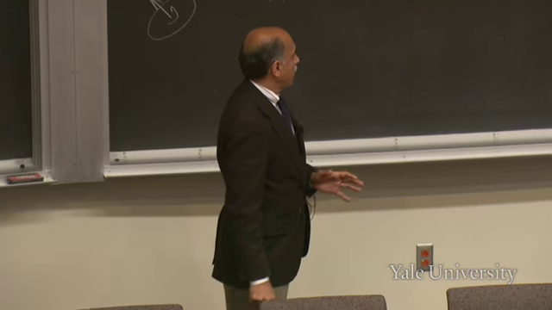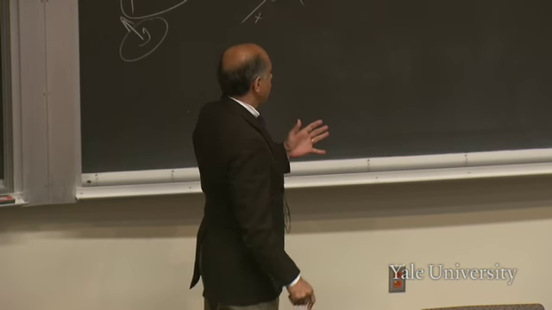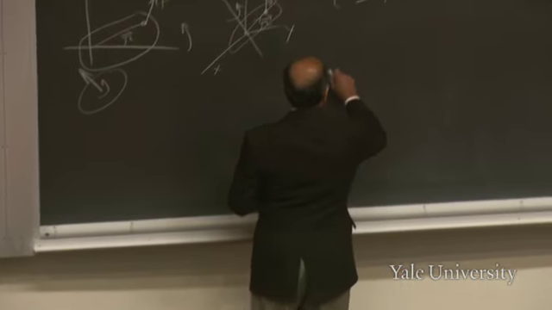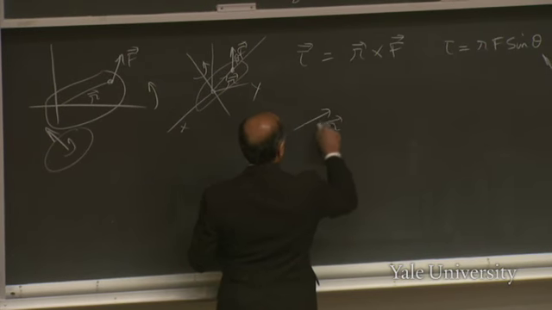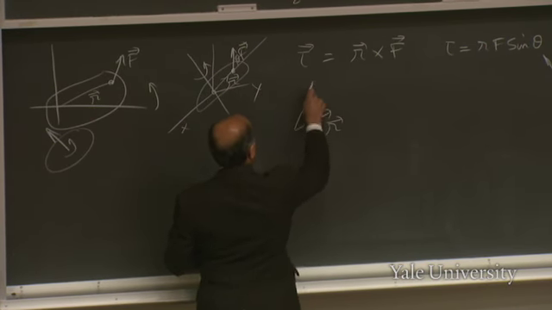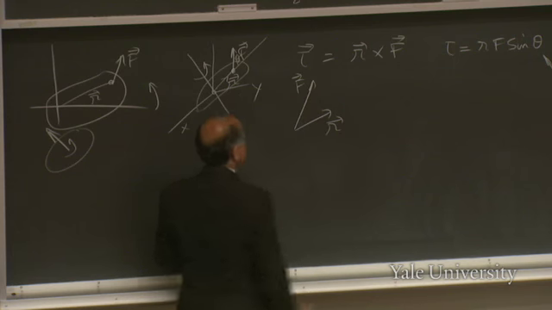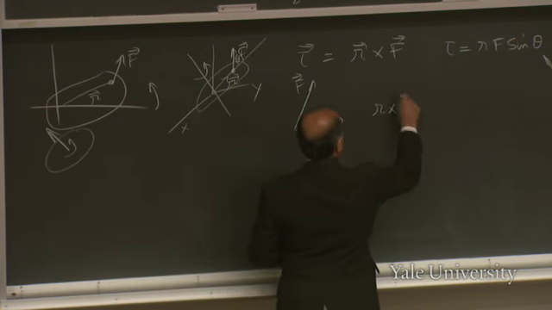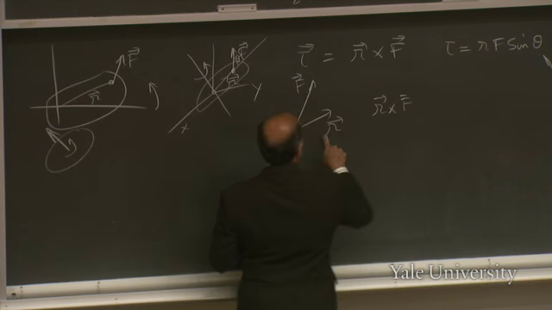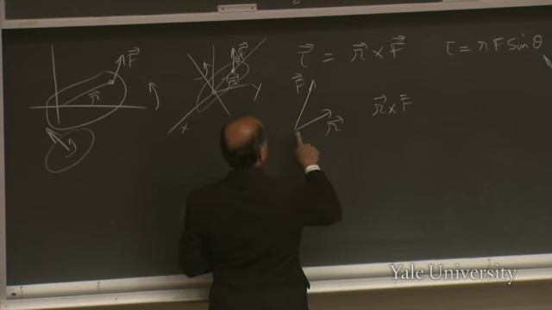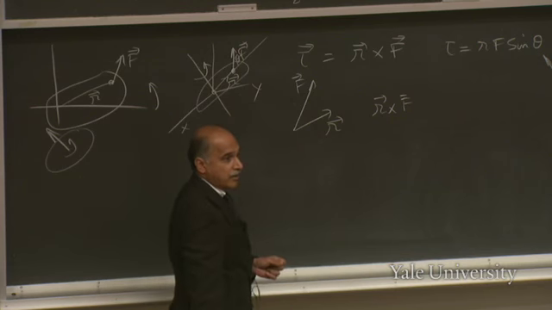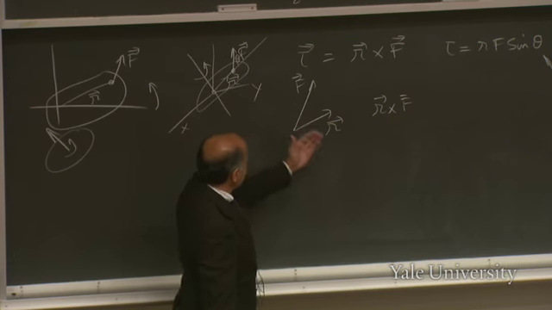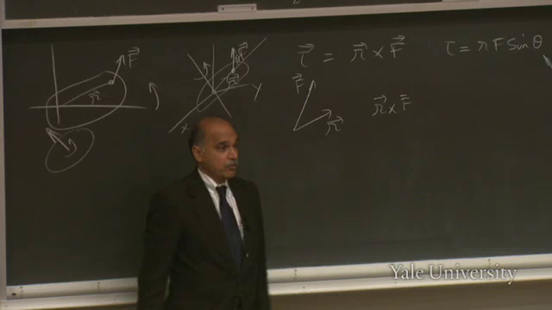There are lots of names for this rule. Let's first take a simple case. Here is r, and let me bring the f vector and draw it like this. I want to define the cross product, r cross f. Its magnitude is length of r, length of f, sine of the angle. I'm trying to pick a direction. In this case, it is going to be either out of the blackboard or into the blackboard.